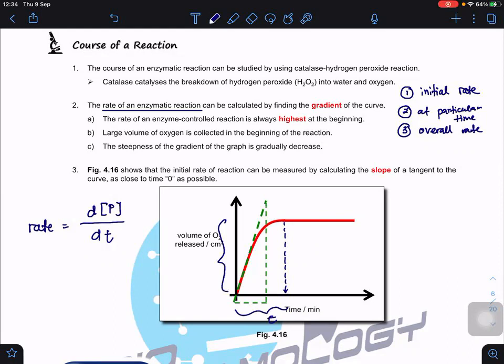So I will get my rate equal to the overall concentration of the product divided by the overall time. So you have to check the question, whether the question wants you to find the initial rate of reaction, or we want to look at particular times only, or we want to look at the overall rate of reaction. Are you clear?